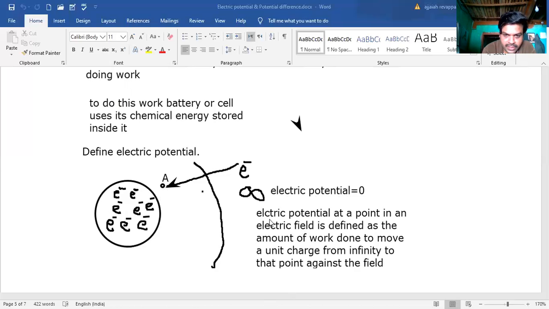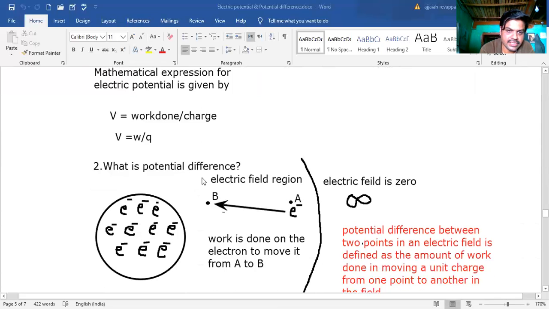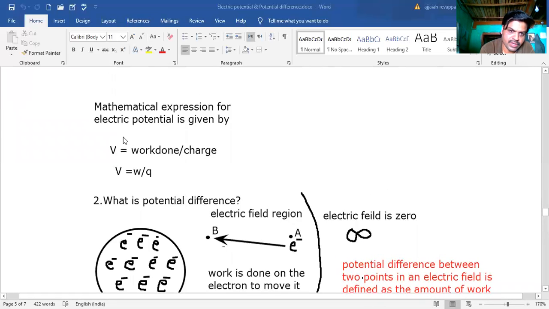So this is a very important definition for the point of exam. I hope you have understood this concept using this diagram. Fine. Now the next thing is, we have a mathematical expression for electric potential. Just now we defined it. If you go by the definition, we will easily arrive at the equation.